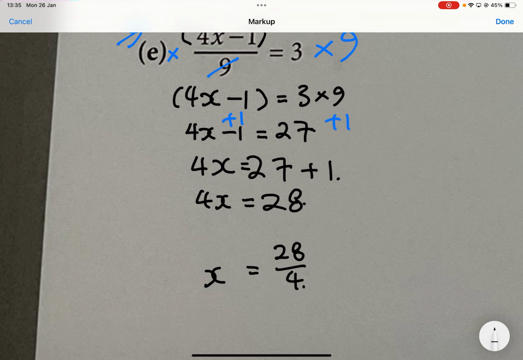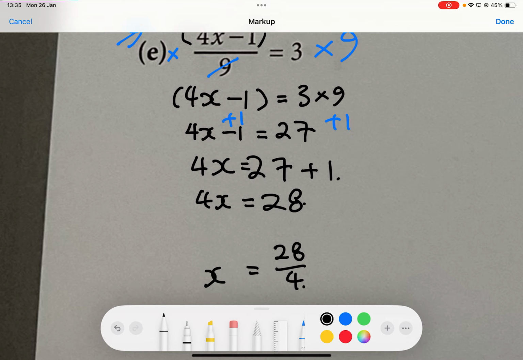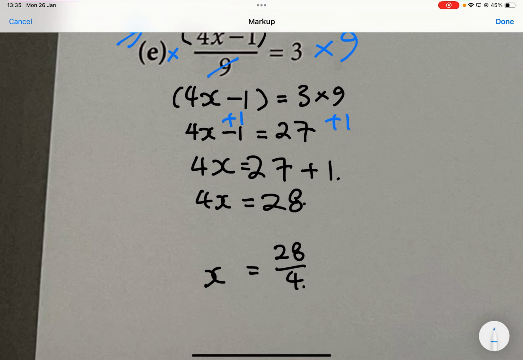Multiplication of 4 crosses the equal sign, multiplication becomes division. 4x times 4, come over this side, times 4 becomes divide by 4. Okay, but why it divides by 4 is because here I also need to divide by 4. Then my 4 will disappear, become 1. Then I will get to my answer. X is 7.